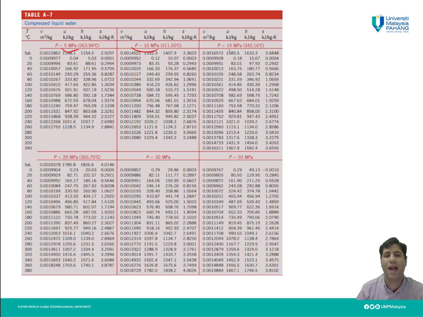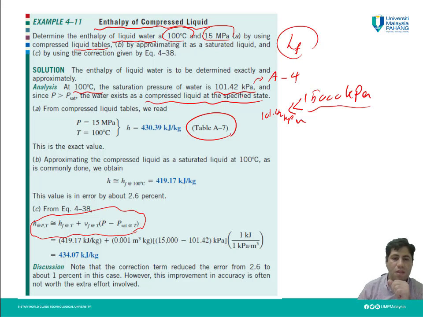The pressure which we have here is 15 megapascal, and the temperature is 100 degrees Celsius. Then let's see how much the enthalpy is here: 430.39. And this is the most accurate value which we can find for the specific enthalpy of water in the compressed liquid phase or state.